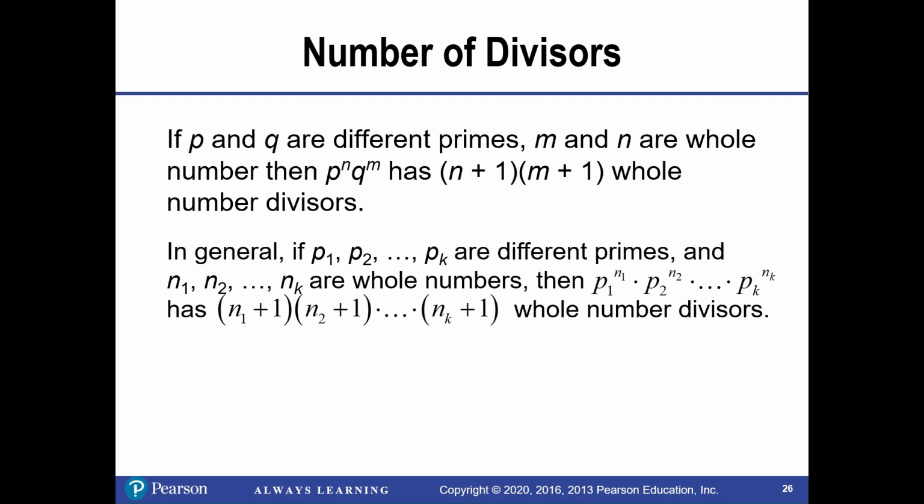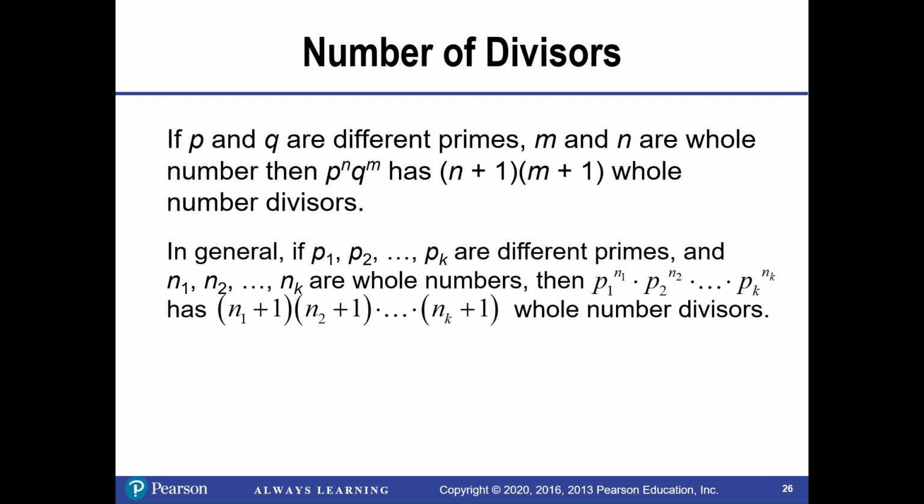So, in general, if P1, P2, and up to Pk are all different primes, and N1, N2, up to Nk are all whole numbers that are their exponents, then P1 to the N1 power times P2 to the N2 power, all the way up to Pk to the Nk power, will have N1 plus 1 times N2 plus 1, all the way up to Nk plus 1 whole number divisors.